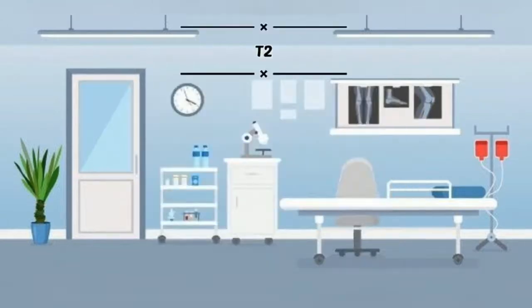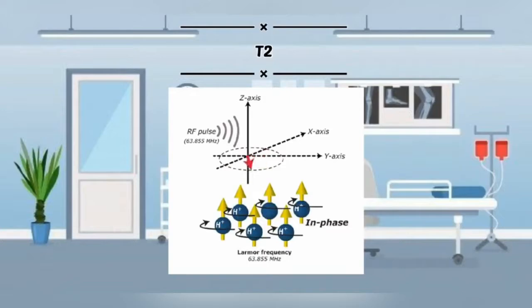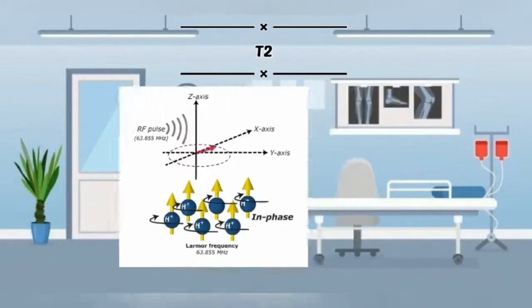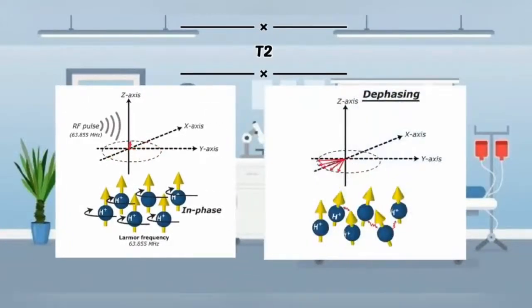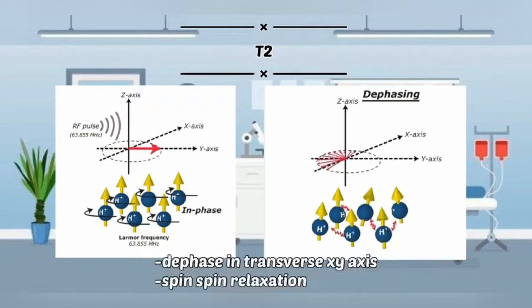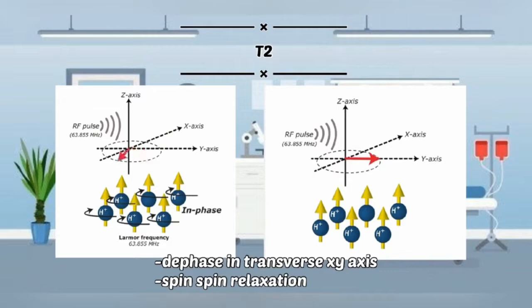At T2 relaxation, after the RF pulse, protons that were in phase begin to dephase in the transverse XY axis. This is known as spin-spin relaxation. This results in a reduction in transverse magnetization.